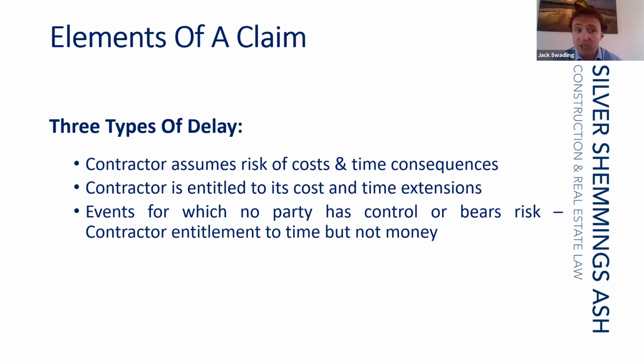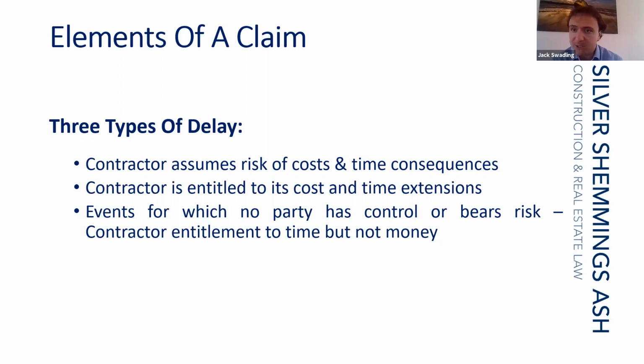The second type of delay is where the contractor is entitled to its cost and time extension as a result of the issue that's caused delay and disruption to the works. So these are the employer risk events.